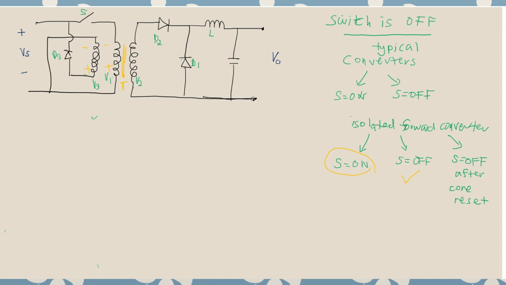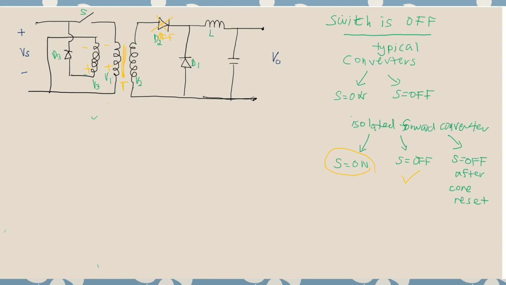Because of that, the D3 is on and becomes forward biased. And now because we are decaying, there's no supply, so the ID2 is off.